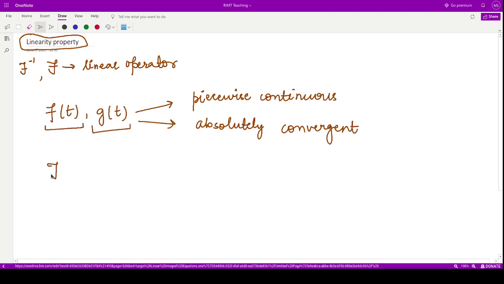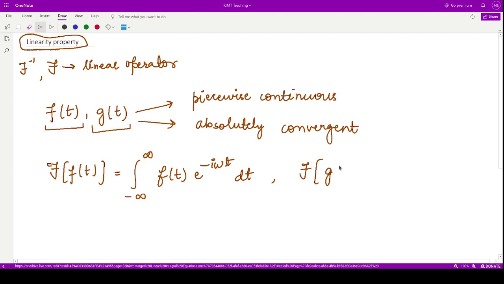What would be the Fourier transform of the function f of t? Using the definition, it would be the integration from minus infinity to infinity of f of t e to the power minus iota omega t dt. And similarly for the Fourier transform of g of t, it would be the integration from minus infinity to infinity of g of t e to the power minus iota omega t dt.